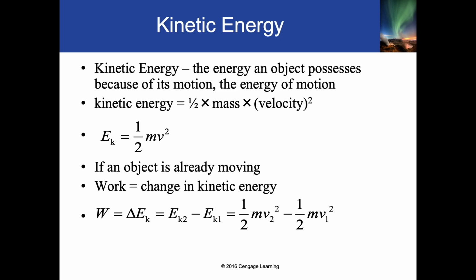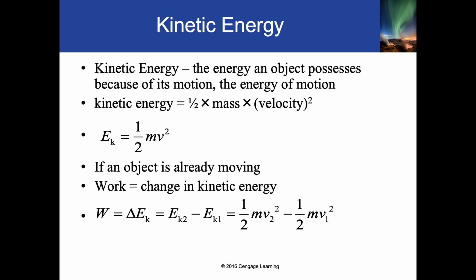So quite literally what's happening then is that the work is based on how fast this object was moving at the beginning and at the end, right? That change in velocity right there is what's telling you what the change in kinetic energy is, which is what tells you what the work is, right?